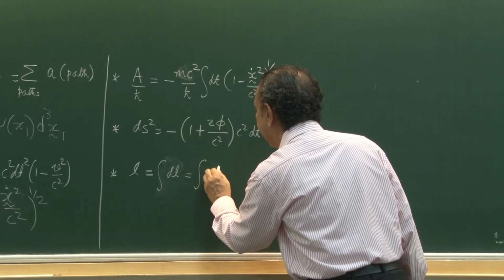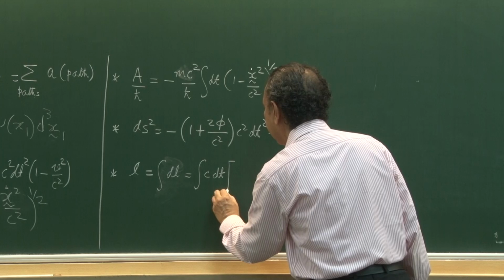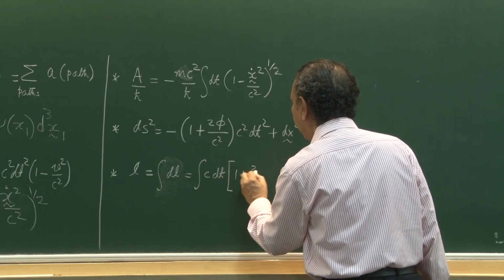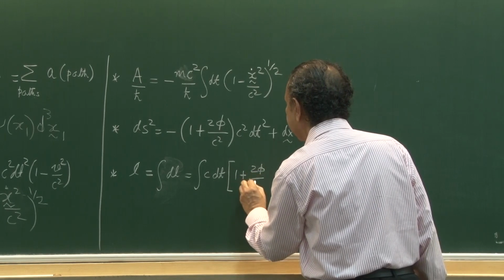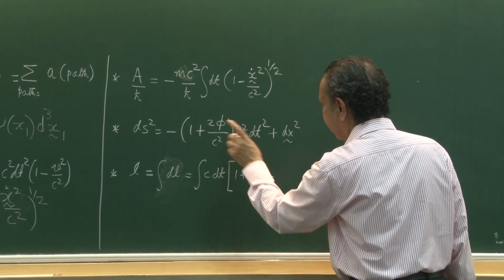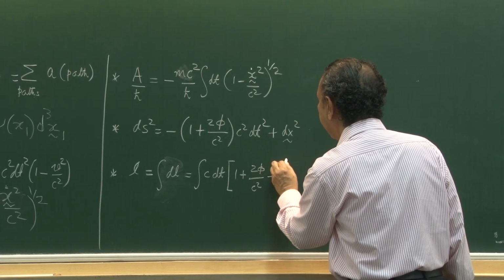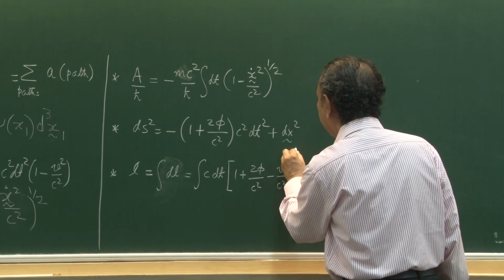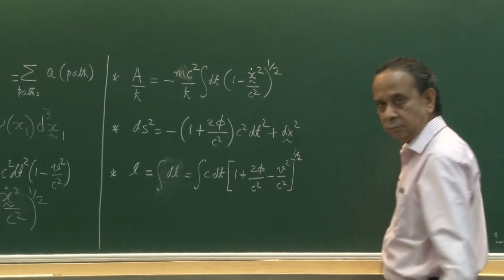So, it will be c dt, then I will have 1 plus 2 phi by c square. Then I will pick up from here, I have flipped the sign, so it is a minus v square by c square, the whole thing to the power half. Okay.